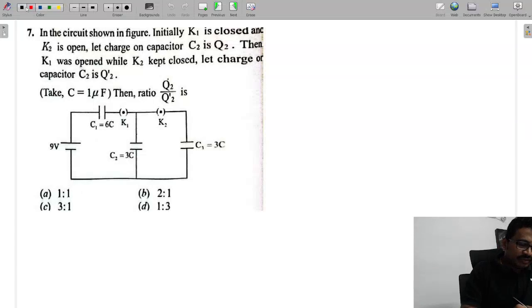Now in the first case, what is given? K1 is closed, and closed means on.